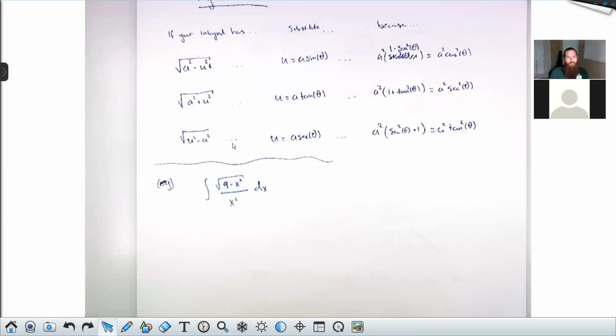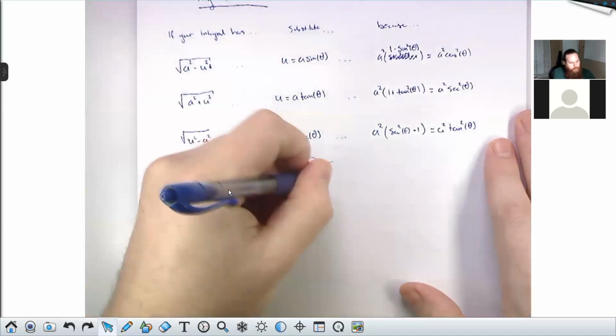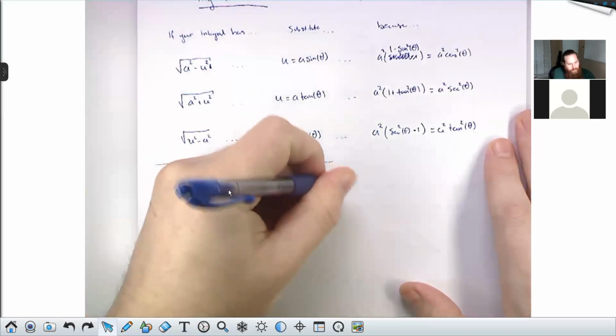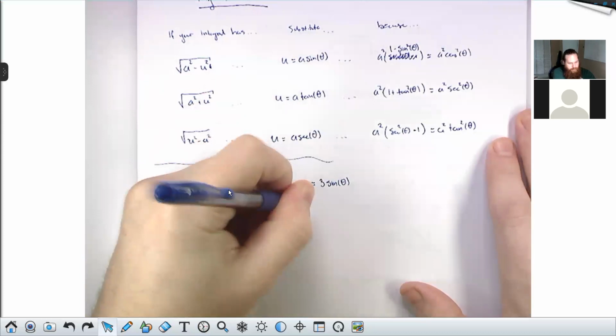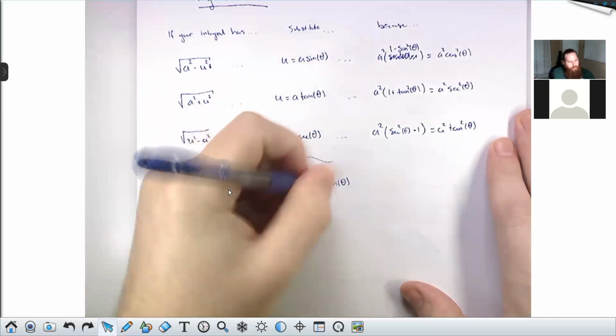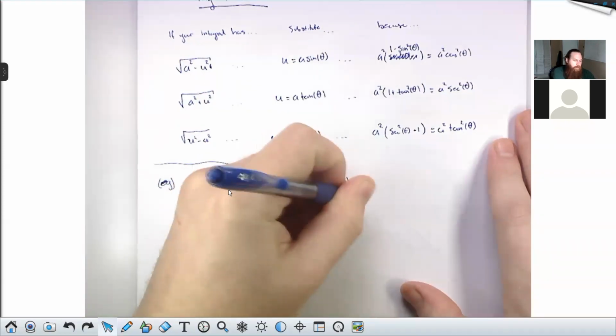So this square root looks like one of these to me, right? It's the square root of 9 minus x squared. So a, this guy, is the square root of 9, which is 3. So I want to substitute here x equals 3 sine theta. u is just x. a is 3. So then dx will be 3 cos theta d theta.